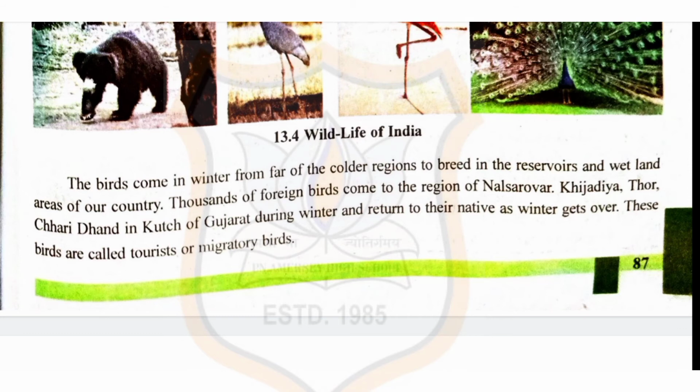Thousands of foreign birds come to the region of Nal Sarovar, Khijadia, Thor, Chari, Dhand in Kutch of Gujarat during winter and return to their native land as winter gets over. These birds are called tourist or migratory birds.